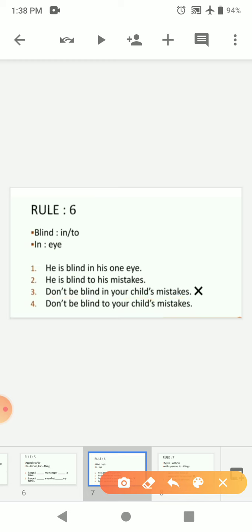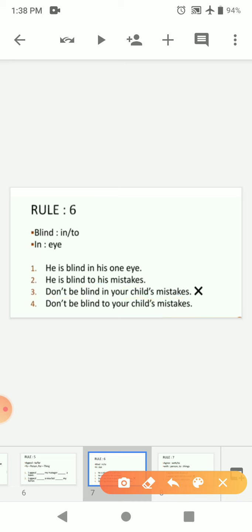So in such cases we use to. We do not mean the literal meaning of blind here. We are not referring to the eyesight of that person, so we use to.